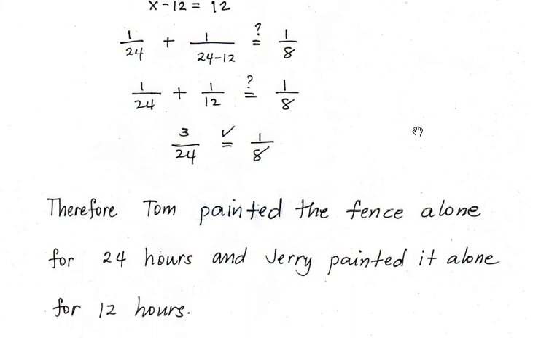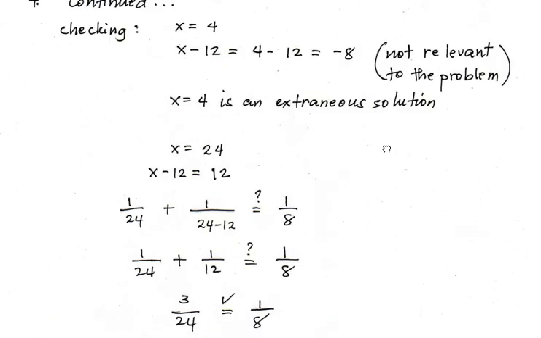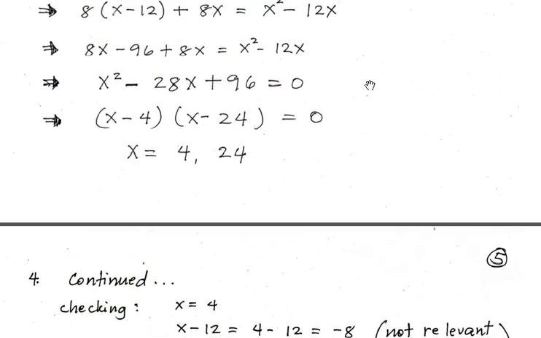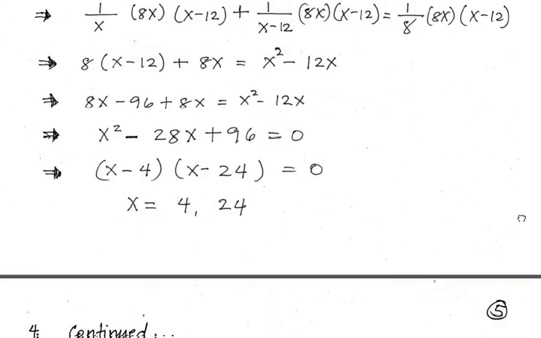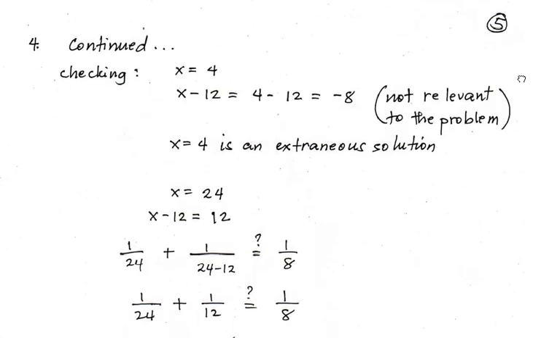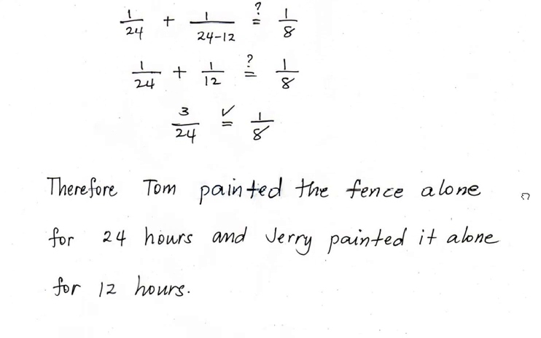Now part of the procedure is to check with the original rational equation. So the original rational equation, for this particular problem, is this one. Now we substitute the value x equals 24. So we have 1 over 24 plus 1 over 24 minus 12.